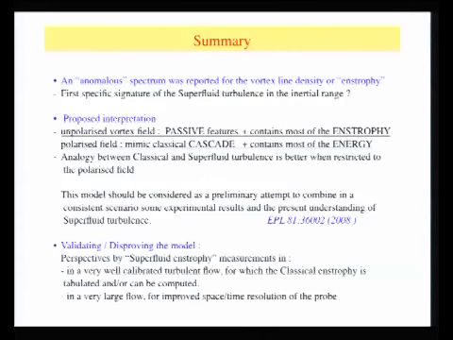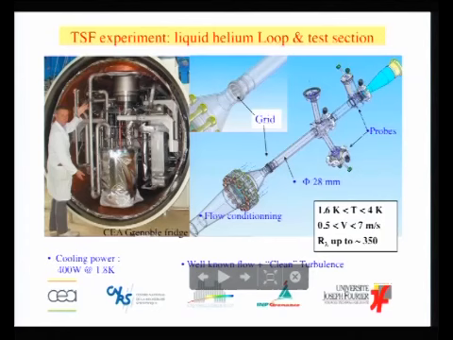Now we've been thinking about how to validate the model and how to disprove it. There are different playgrounds that can be imagined, but two of them are experiments, one being done and the other being designed in Grenoble. I would like to finish with an advertisement of these two experiments.